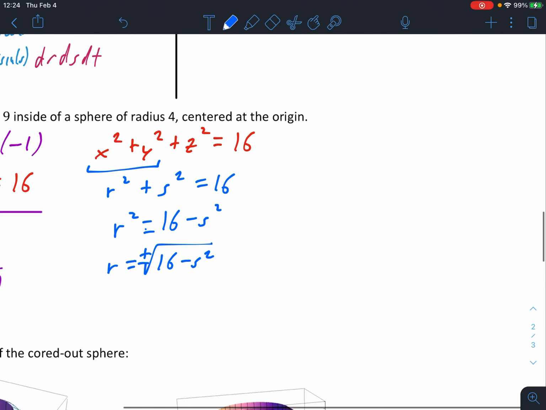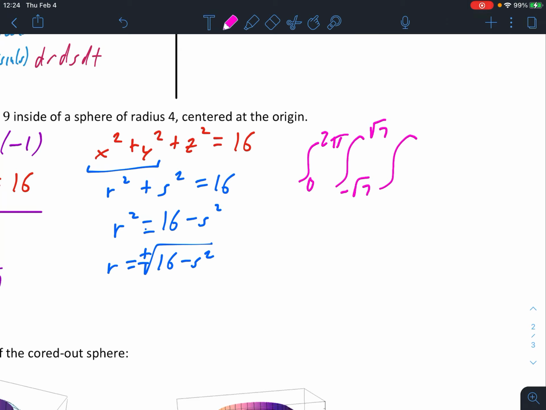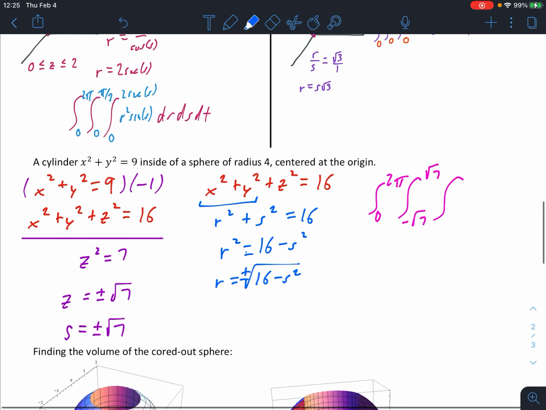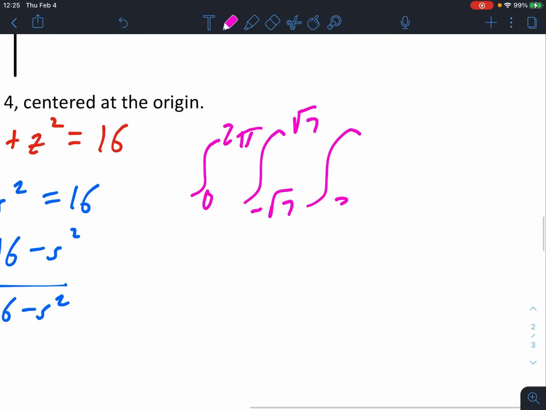So now we can set up our triple integral. We're going to let t go from 0 to 2 pi. We're going to let s range from negative root 7 to positive root 7. And the radius is going to start at 3, because if we go back over here, the radius of the cylinder is 3.